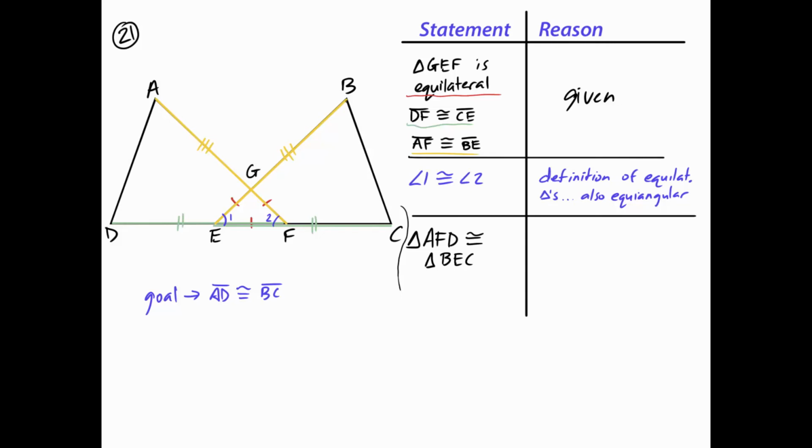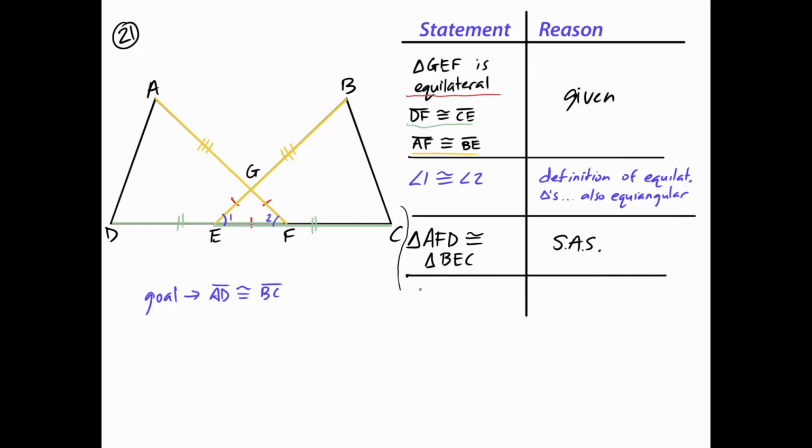I got to go in the same order, top, inside, outside. And that is from side, angle, side. Here's my side, here's my angle, here's my other side. So we're super close to proving that this is the same as this. If I know that I have congruent triangles, then I know all the pieces of the triangles must be congruent.